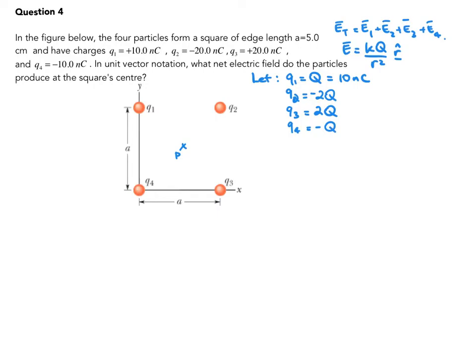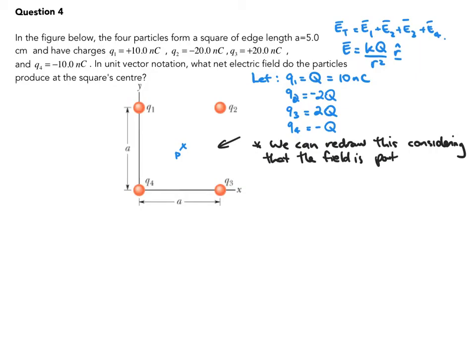So we can redraw our distribution of charges, considering that the field is partially cancelled across the diagonals.